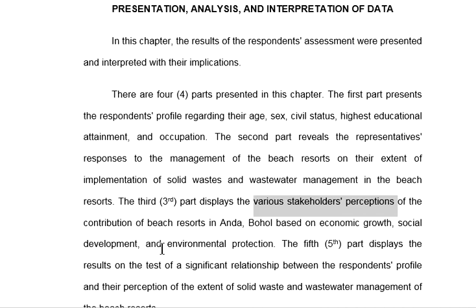And then the fourth part displays the result of the test of a significant relationship. So in chapter 4, there are 4 tables, and in every part, there is a brief discussion: first part, second part, third part, and then fourth part.